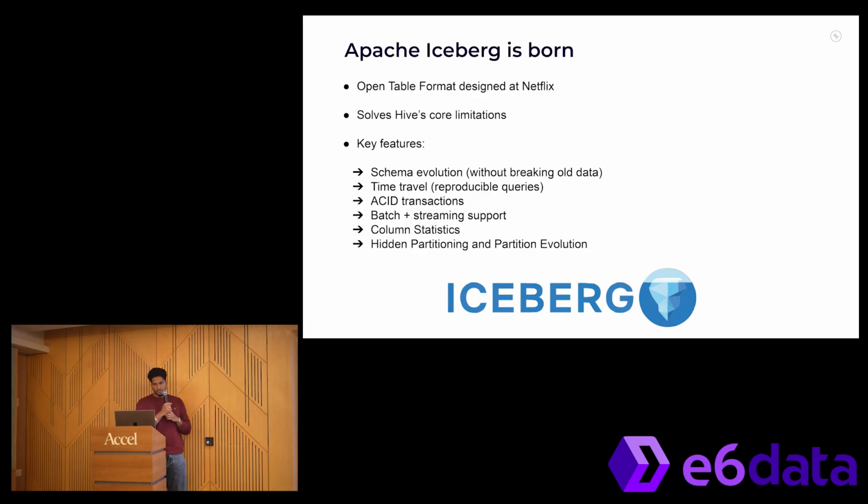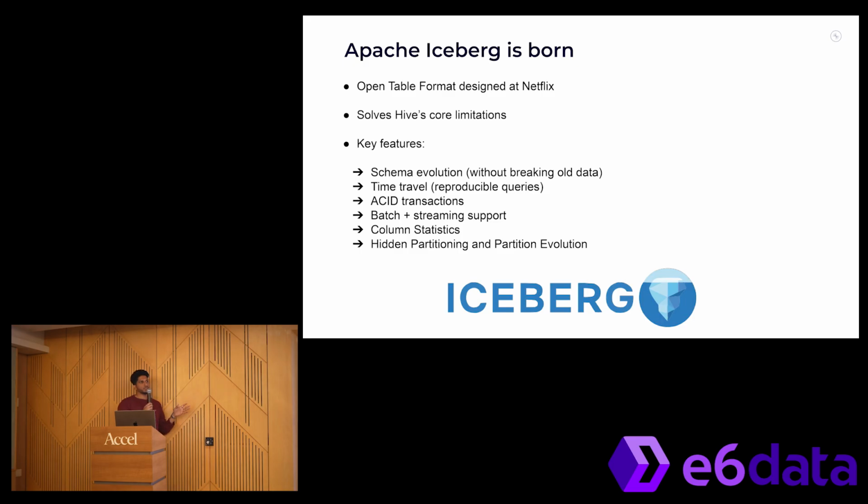Then another improvement that Iceberg has, and it is one of the most important features in Iceberg, is column statistics. For each column you store some statistics about it in your metadata. For example, the min and max stats. How it's helpful is that, let's say you are running a query to find all the people aged between 40 and 60.